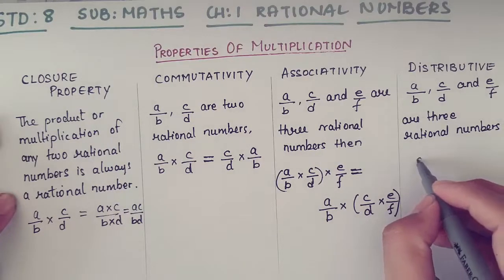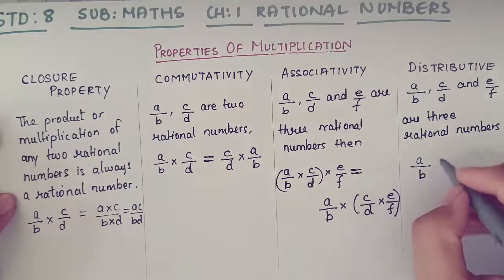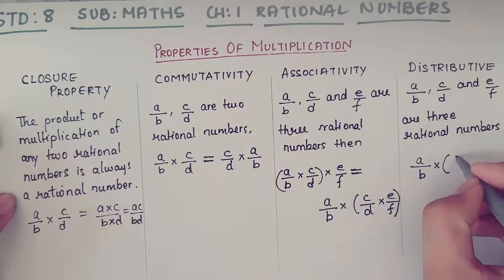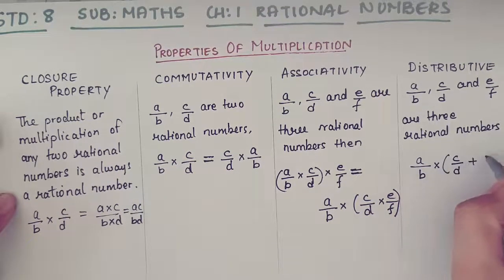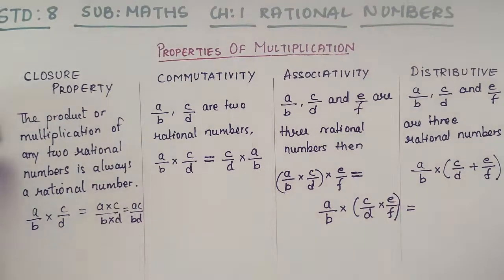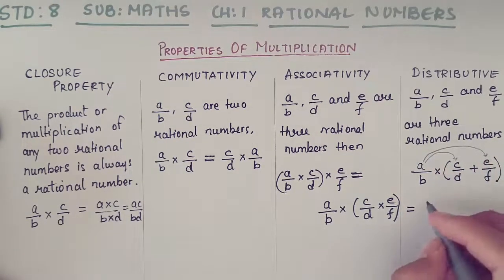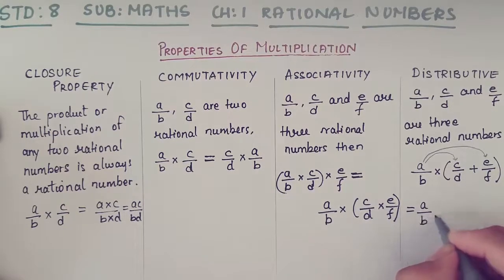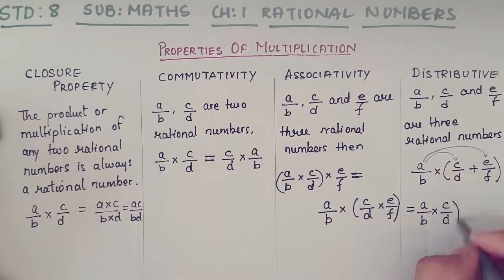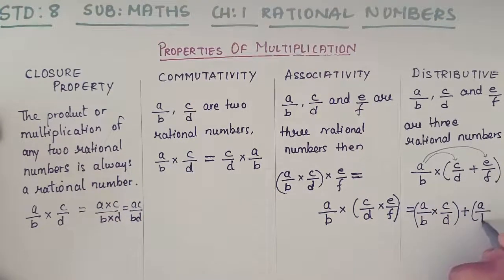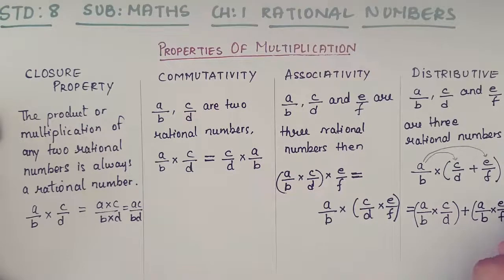Now pay attention over here. a upon b multiplied by c upon d plus e upon f. Okay, now what will happen? First this term will be multiplied with this term and then with this term. Okay, so it will be a upon b multiplied by c upon d, in between a plus sign will come, a upon b multiplied by e upon f.